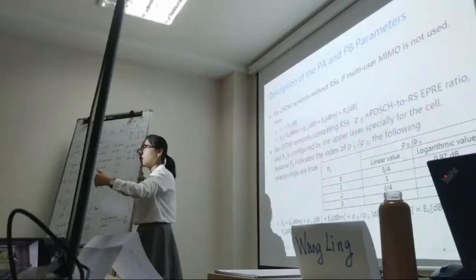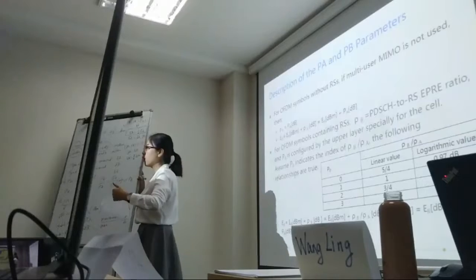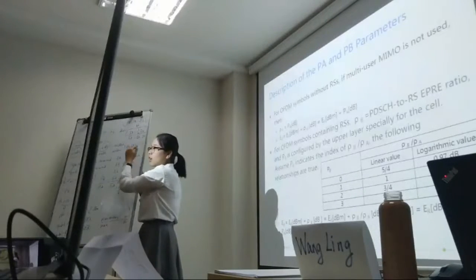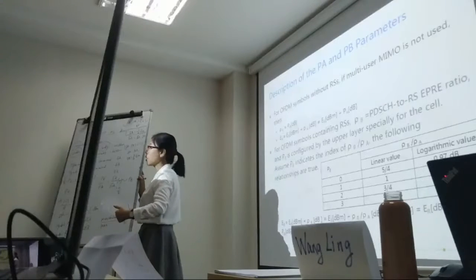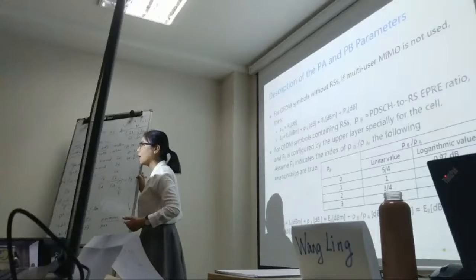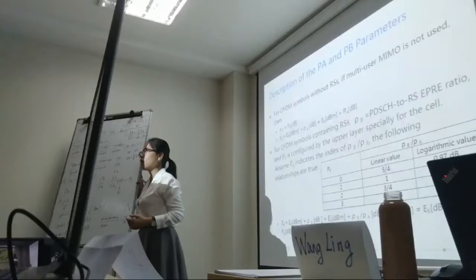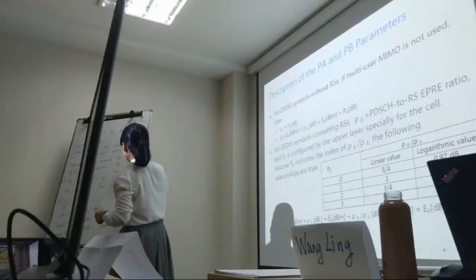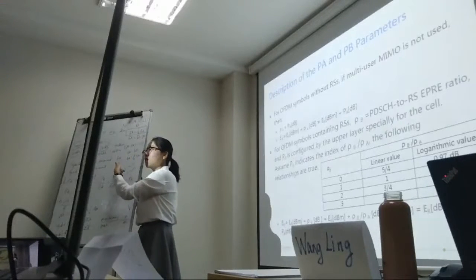This is just to show you why we configure the PA, PB. You never configure -3, 0 as in our network. Some others configure -3, 0 or 0, 1. Any error set the PA, PB is -3, 0 or 0, 1, like this.